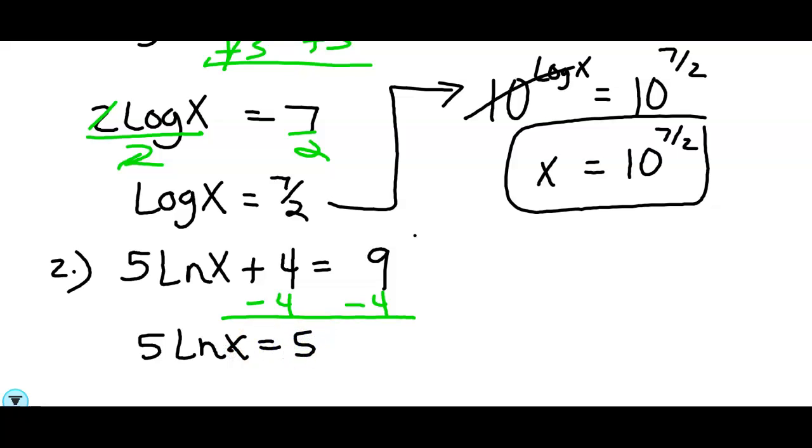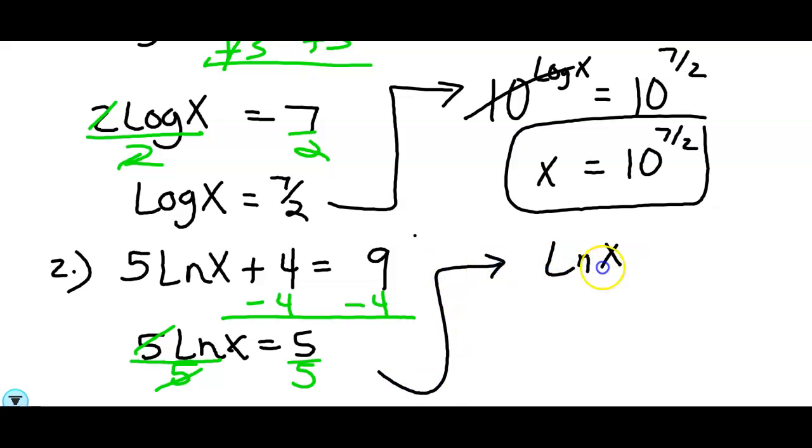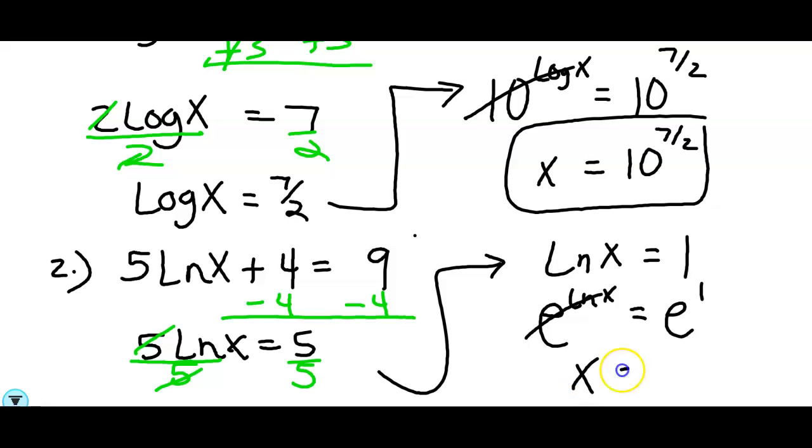And then what? Divide by 5. And so now I'm left with ln of x equals 1. So I'm going to exponentiate both sides. What's my base? e. These cancel. x is equal to e to the first power, which is just e.